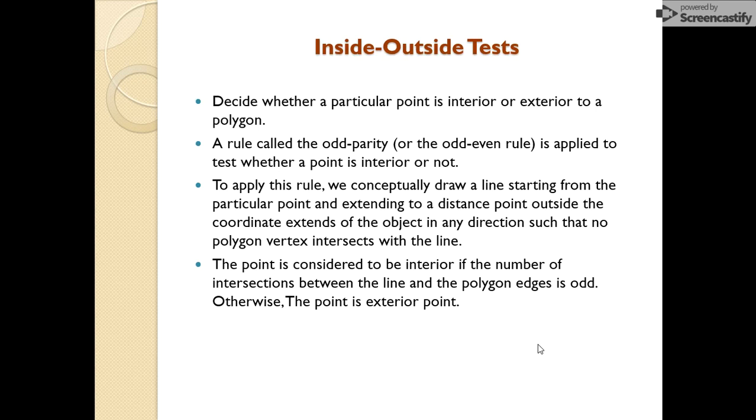It depends mainly on the number of points of intersection. If the number of intersection points is even, then the point is said to be outside the polygon, an exterior point. If it is odd, the point is interior.